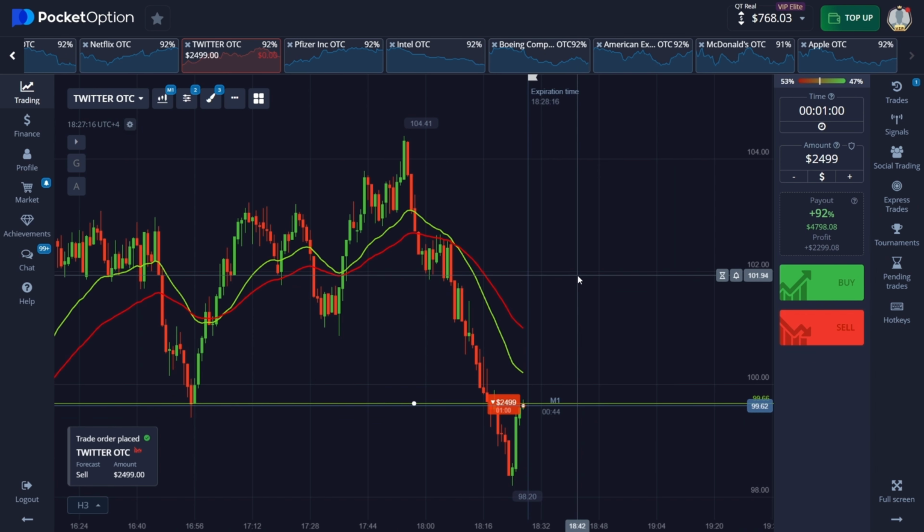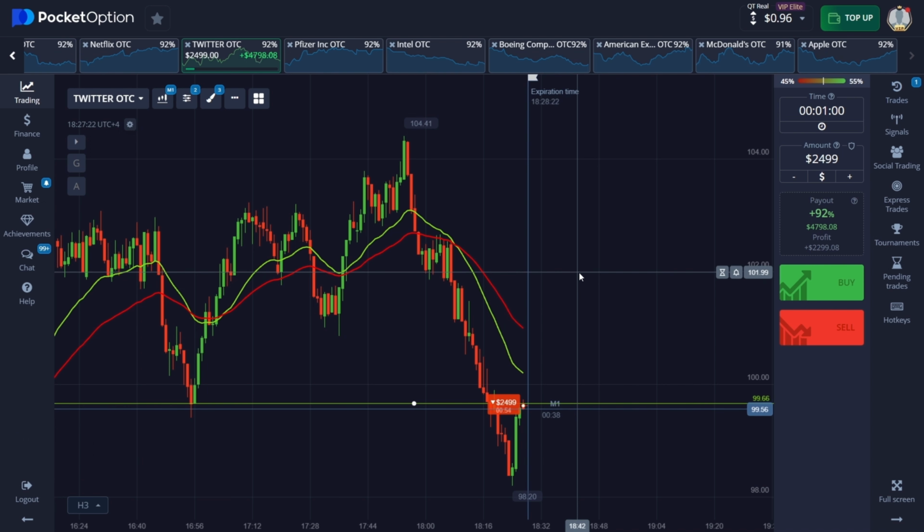I got an entry and placed a trade for $2,499 for a downward move on Twitter OTC. The candle is taking support exactly from the level, which has now become resistance. That's why I placed this trade for a downward move. Currently, the trade is not in our favor, but let's wait. We still have a few seconds.